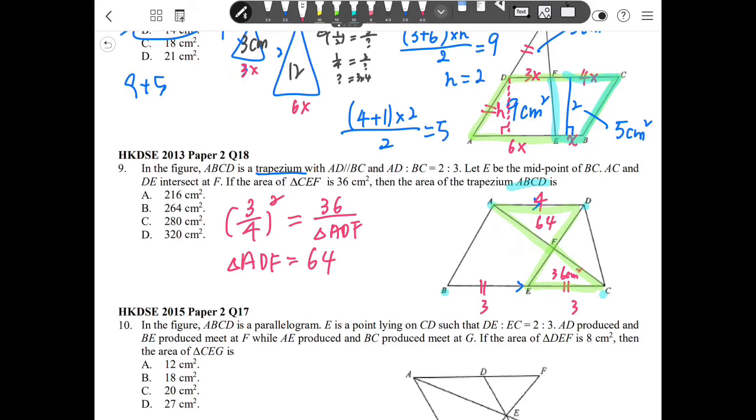So here the first step would be 64. In other words, I will try to cut it down into a triangle for here, because this shape I don't know how to do.